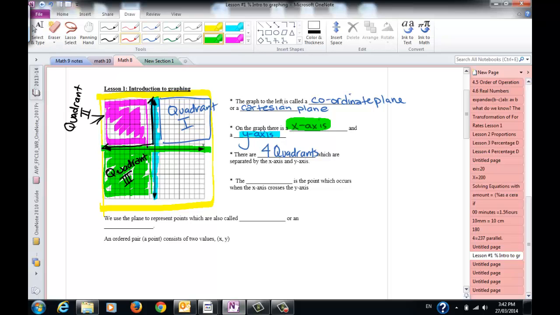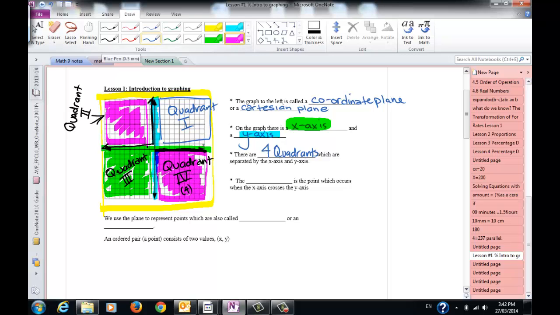And then over on our bottom right-hand side, we have quadrant 4. I'll just put that in brackets, the number 4. And quadrant 4 is all of the stuff in here.